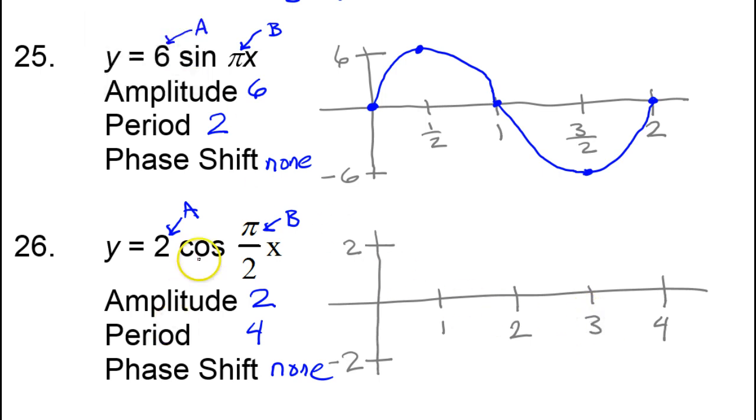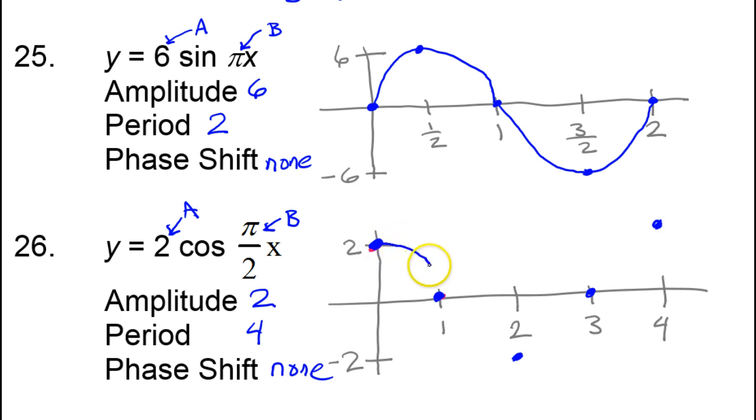Now, this is a cosine function. The cosine function starts out at its highest value, and then it falls down to the midline. This is going to be the final answer, so let me do this in blue. It's going to start off at its highest value, fall to the midline, and then it will drop to its lowest value, return to the midline, and end at its highest value at the end of the cycle.